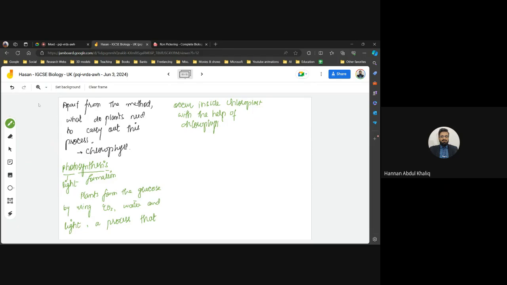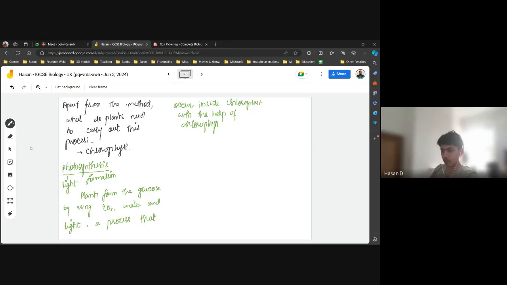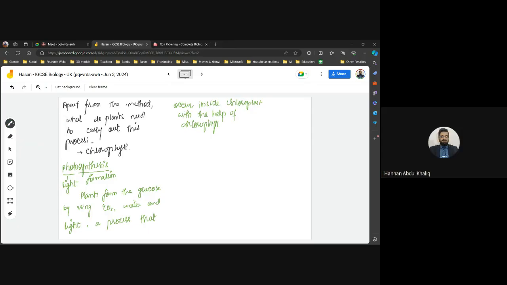Got it? Yes. Now, the thing is that the plants do this. So carbon dioxide, CO2, plus water, they are going to use the sunlight. They are going to use the chloroplast.